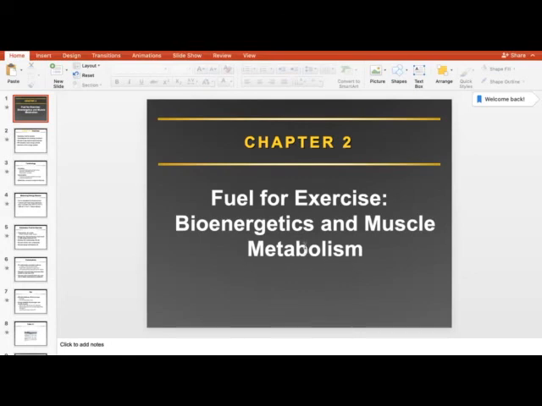So this chapter is going to be talking about the gasoline that we use for our body, in particular exercise, or the difference between, maybe resting state and exercise fuel, and those substrates that are involved with that. But I think before we can talk about that, really what we need to do is maybe address this whole notion. I'm sure you guys have heard of this energy in and energy out.